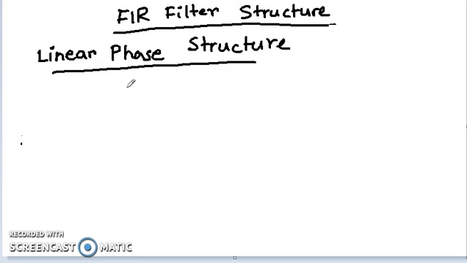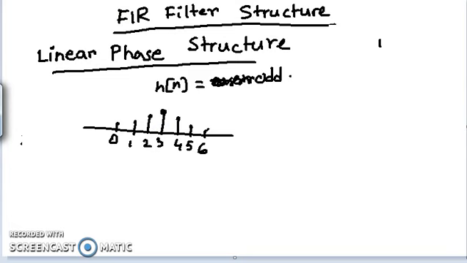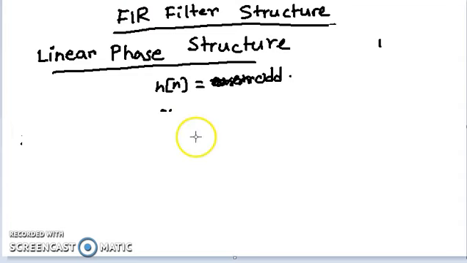So how can we draw it? Suppose I have an impulse response that looks like this. Let me draw it once again.